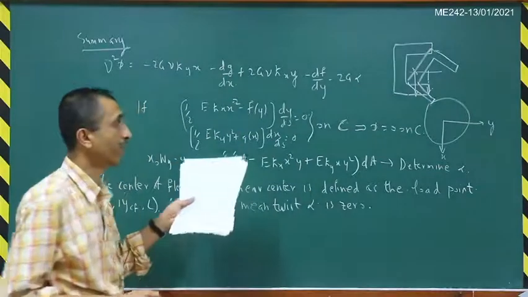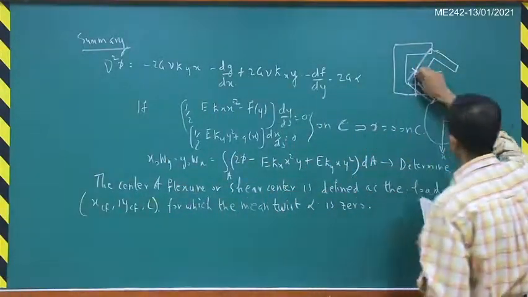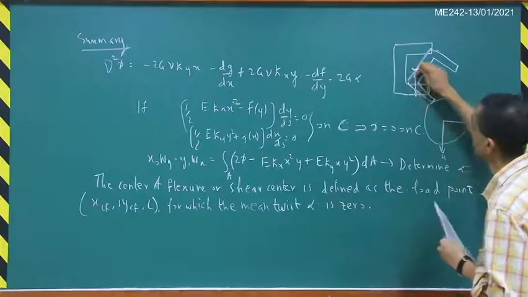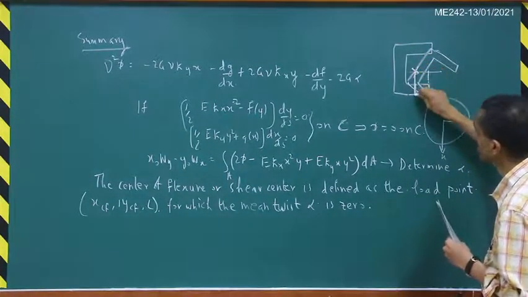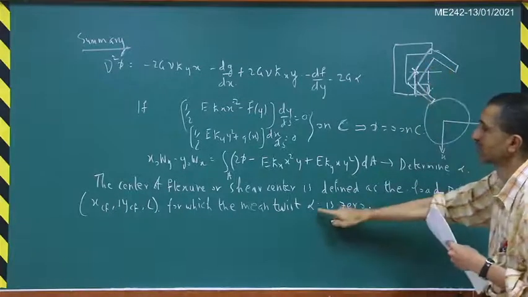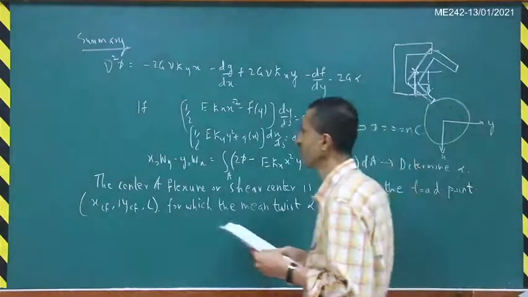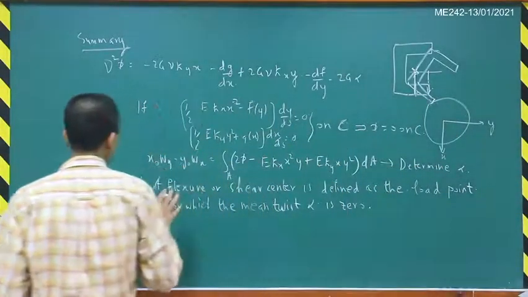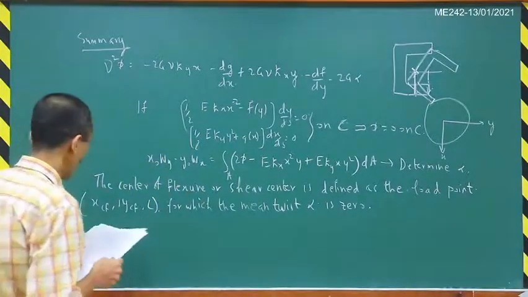Here I have indicated an example for this C cross section. There is a certain point here which is the shear center. If the resultant load passes through this shear center, then there is no twisting of this cross section. So that means this alpha will be 0 in that particular case. Our goal is to find out the location of that shear center there.